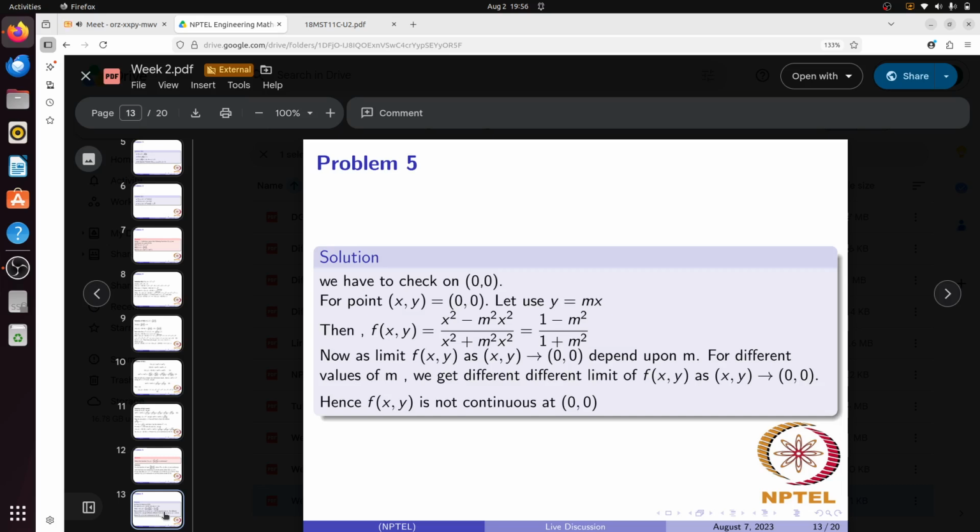This y equal to mx functional form and y equal to mx square functional form will be very useful throughout limits and continuity of functions of two variables in calculus. I am just keeping this proof for your kind attention.